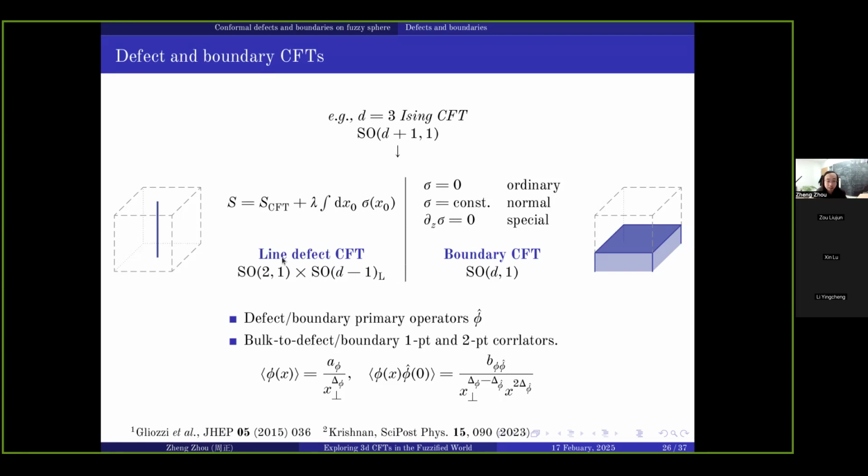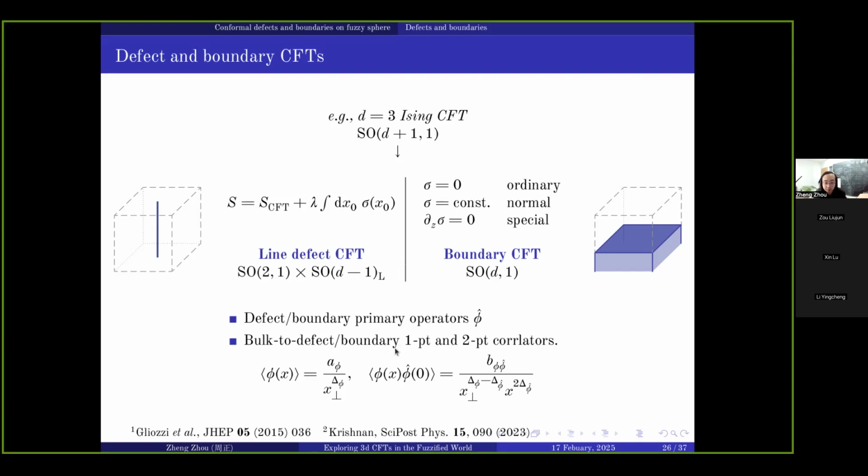The defect CFT is known to have rich properties. For example, like the bulk, there can be primary operators that live on the defect. And because the conformal symmetry is much smaller, many correlators that are forbidden by the bulk conformal symmetry are now allowed.